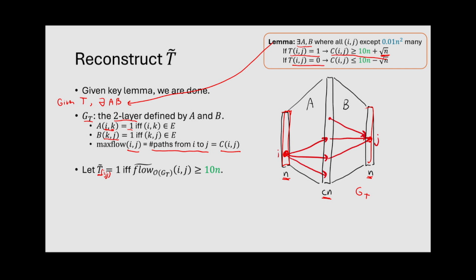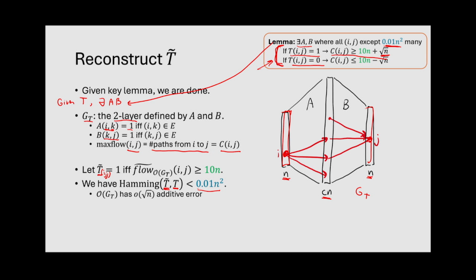Similarly for the case when this is 0. So basically, I'm going to be correct. T tilde is going to be the same as T on every entry such that this is true. But this is true for all entries except 1%. So it means that the Hamming distance between T tilde and T is at most 1%.